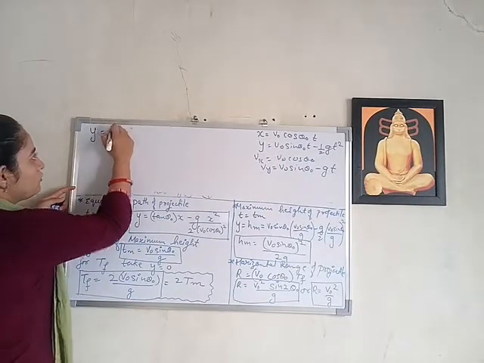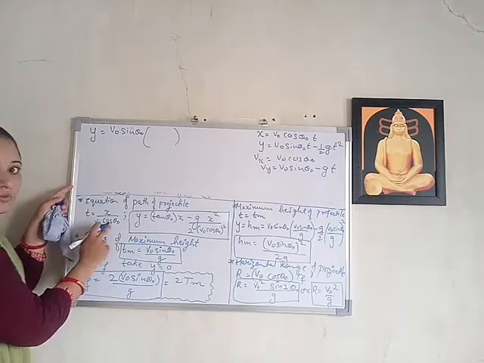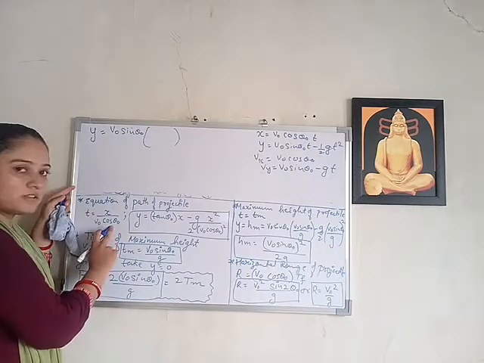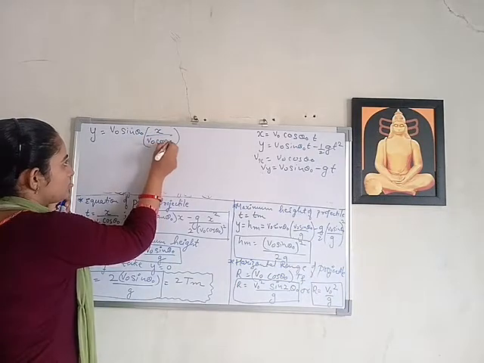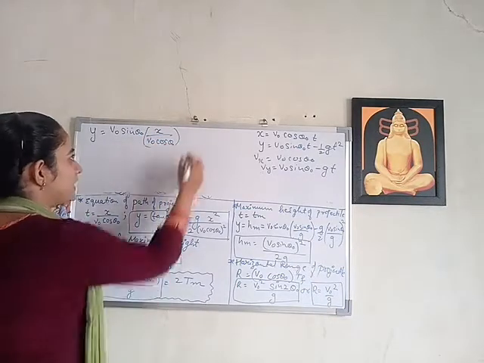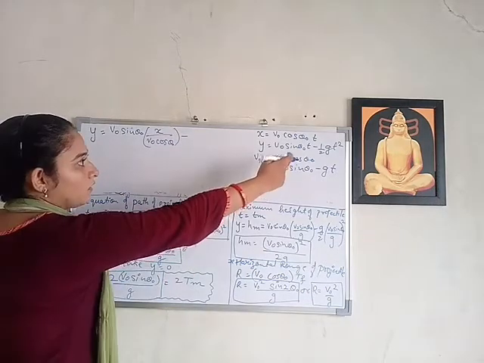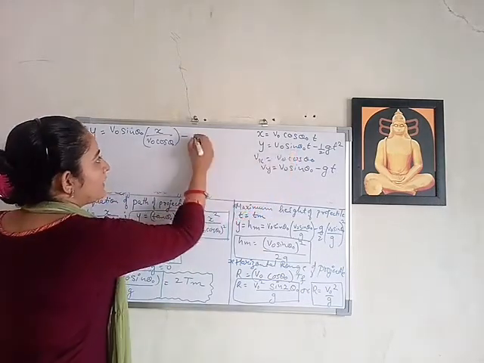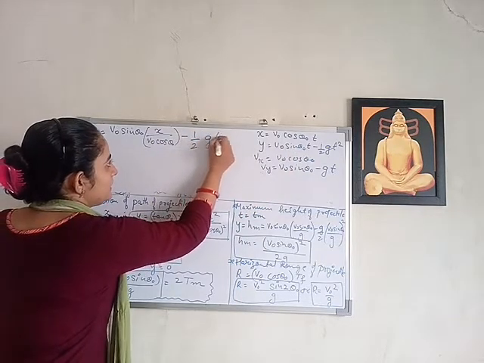y equal to v0 sin theta 0. At the place of t, what we need to put? That is x upon v0 cos theta 0, minus half g t square.